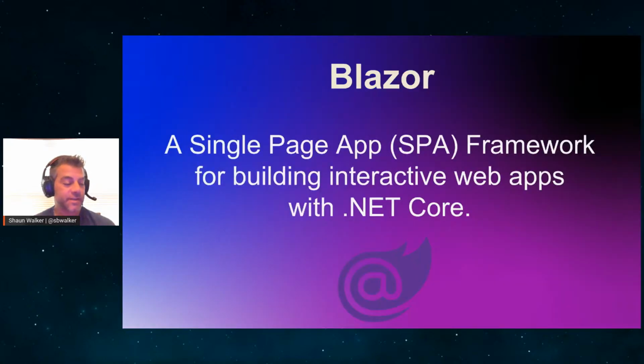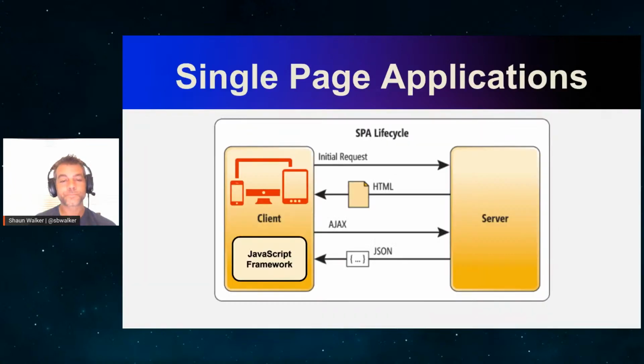So obviously Blazor is a single page application framework for building interactive web applications with .NET Core. And I think the main thing here is that you can build a single page application in a full stack manner, right? So using C# both on the front end and the back end. That's really the main differentiator that Blazor brings to the table over some of the other single page application frameworks which exist today.